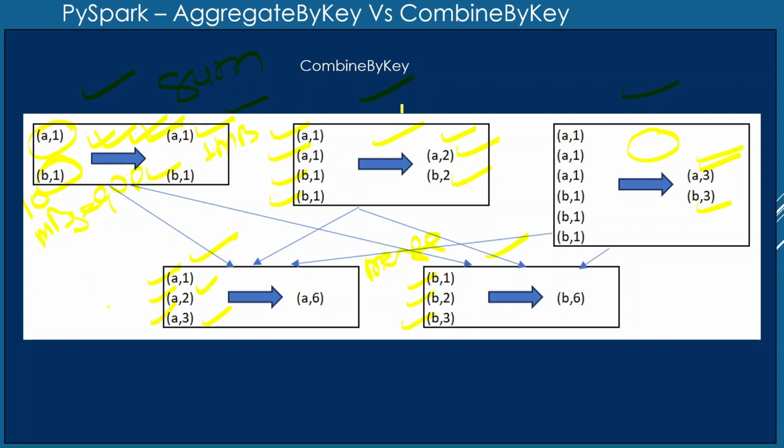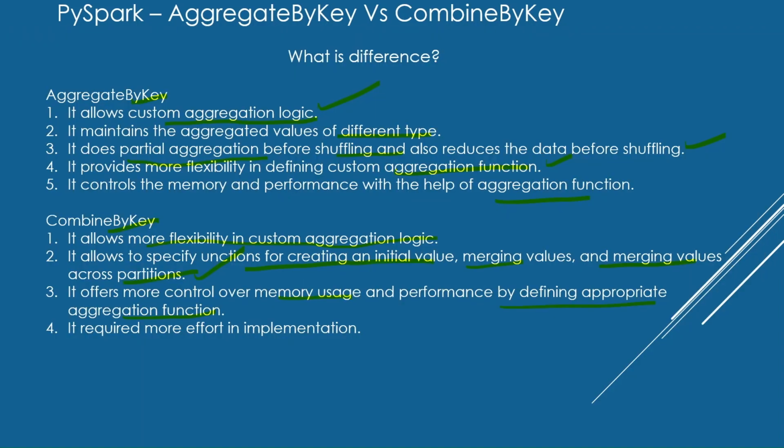Same goes for here, and when the shuffling happens, the shuffling will happen for 1 MB only, 1 MB from here, and 1 MB from here. Those data points are very small. They will fit into memory, and when the shuffling starts across different executors over the network, it will become very fast.